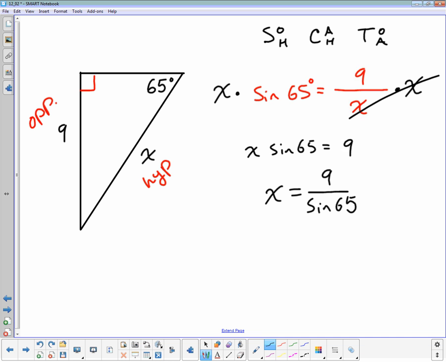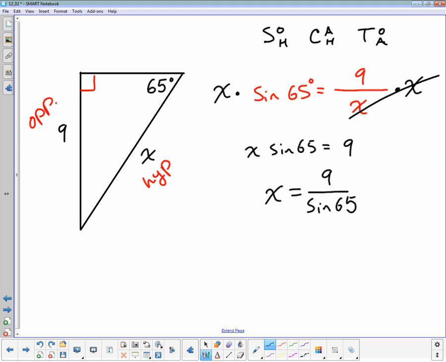It's like 0.9 or something. No, 0.8 or something. And now you can go to the calculator and type 9 divided by the sine of 65, and you should get something in there. It'd be like 11 or something.